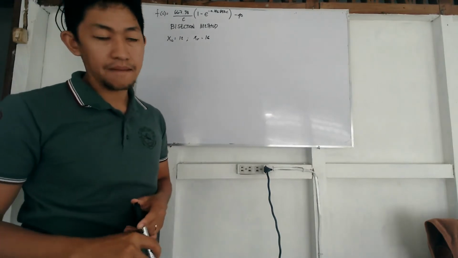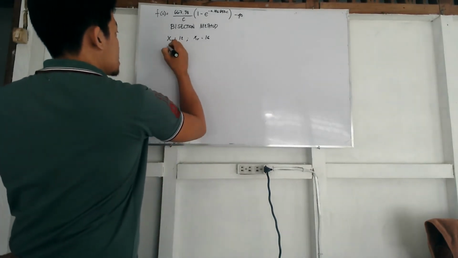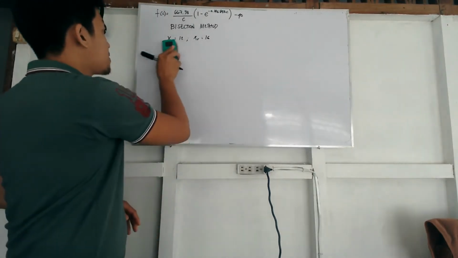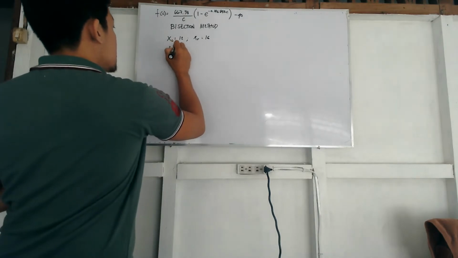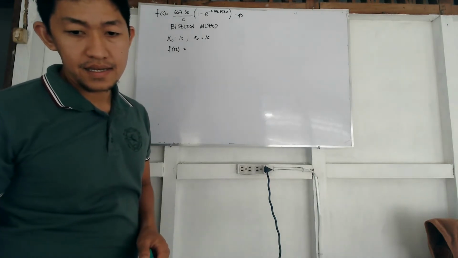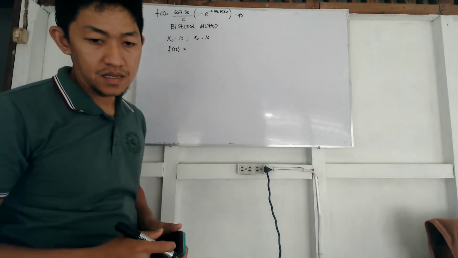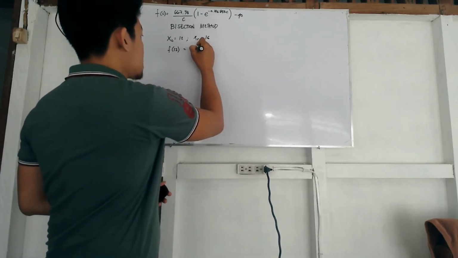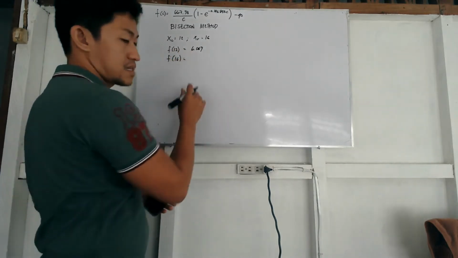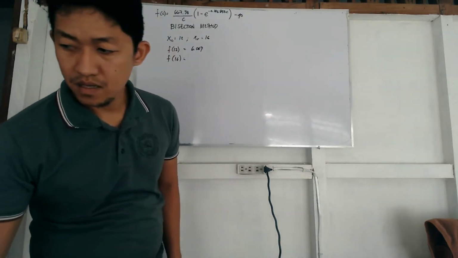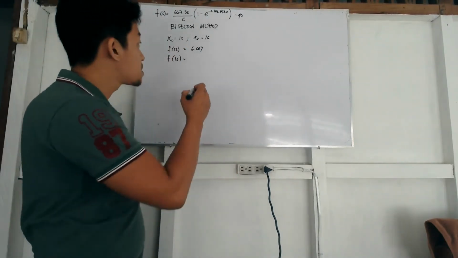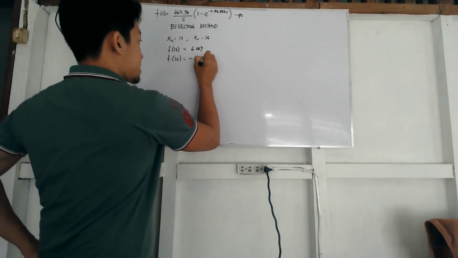So you can check f of xl, f of 12, which is 6.067. And f of 16 is negative 2.269.